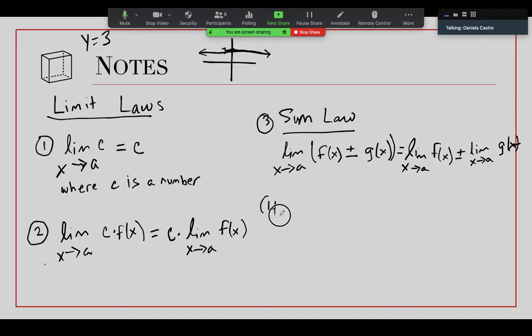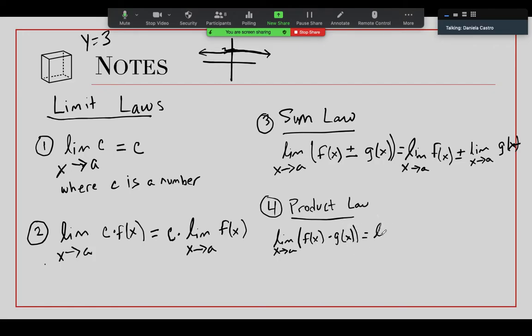4 is the product law. And the product law says, it's very similar to the sum law, that if I have 2 functions being multiplied, if I look at their limit, the limit as x approaches a for f of x times g of x, just like the sum law, I can pull it apart.